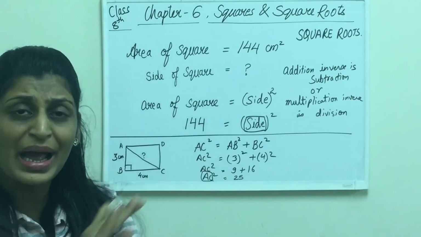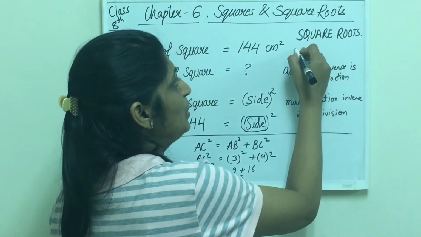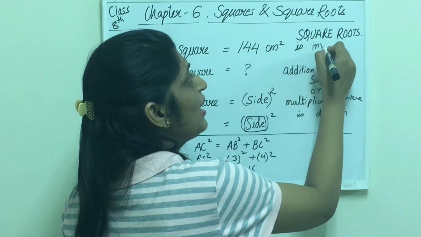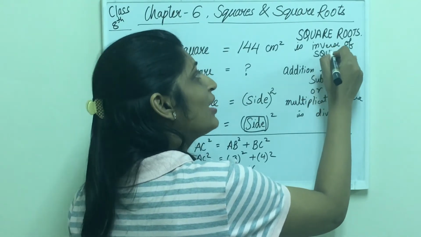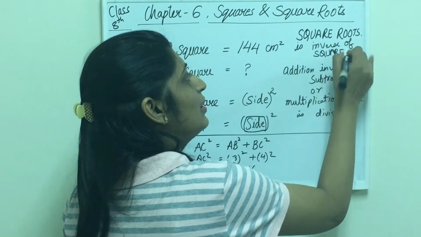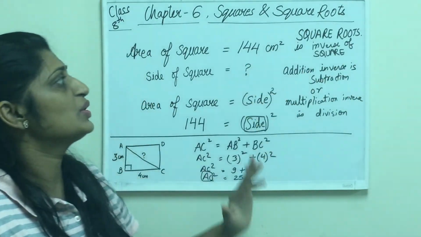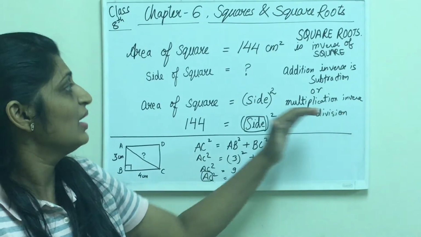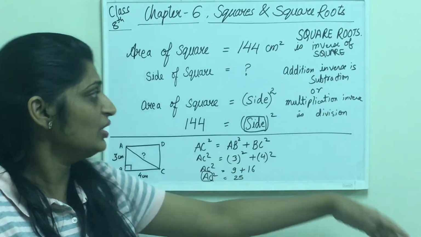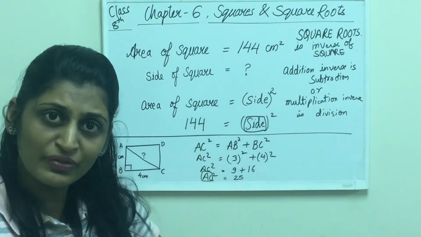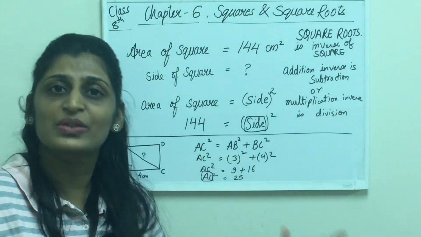Similarly, square root is the inverse of squaring a number. Just like addition and subtraction are inverses, and multiplication and division are inverses, in the same way square root is the inverse of square.